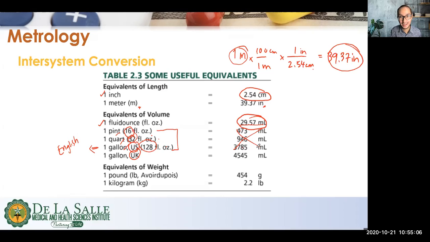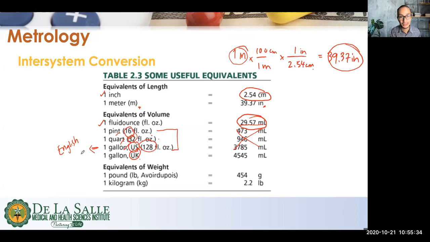It is equivalent to approximately 3.8 liters, or 3,785 milliliters, while the UK gallon is different. It is 4,545 milliliters. Take note that by default, if it is not stated whether the gallon is in US units or UK units, we use US units.